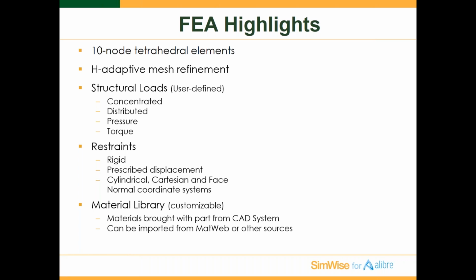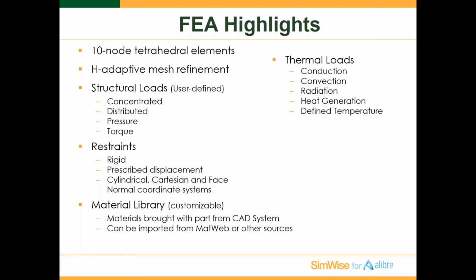You can import materials from MatWeb, which is an online material database, or from other CAD system or analysis systems' material databases. And we also bring over the material from Alibre when we transfer a part or assembly. Now, Alibre materials only contain density.